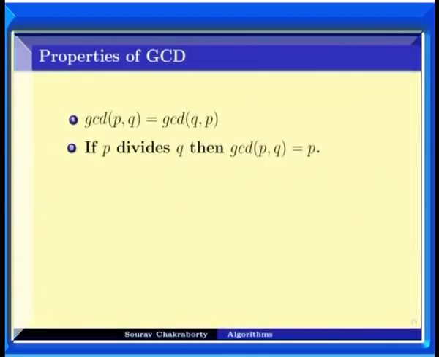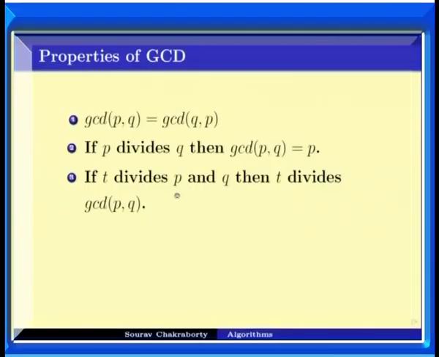The second one is, if p divides q, then the GCD of p and q is p, because p divides p and p divides q, and no number greater than p can divide p. So the GCD cannot be bigger than p, and in this case it has to be p.